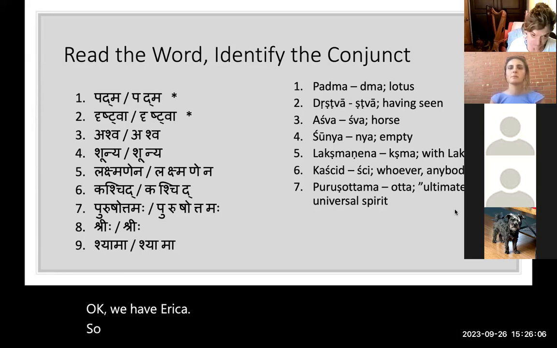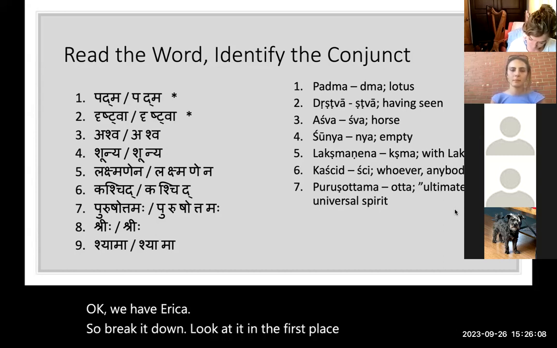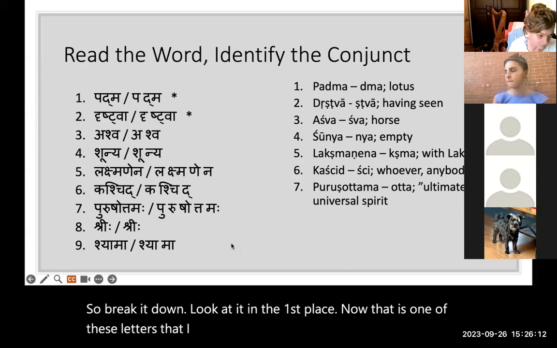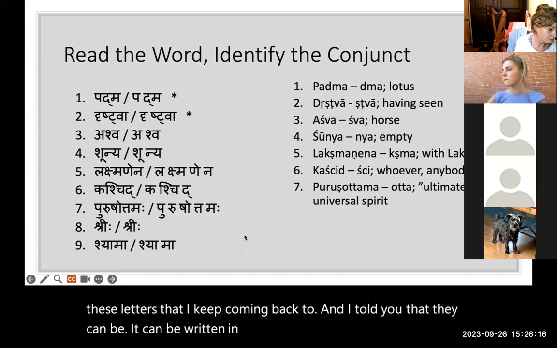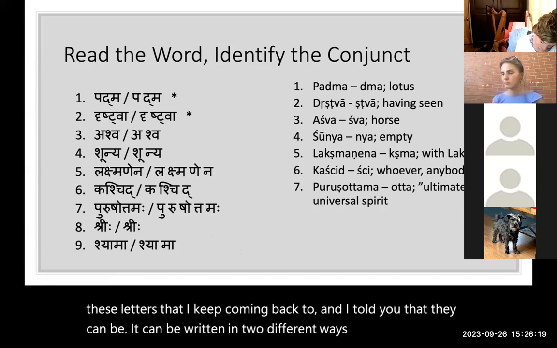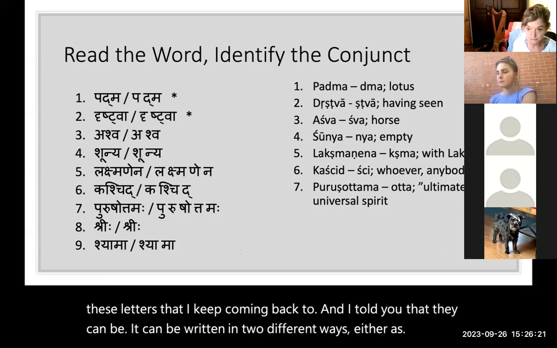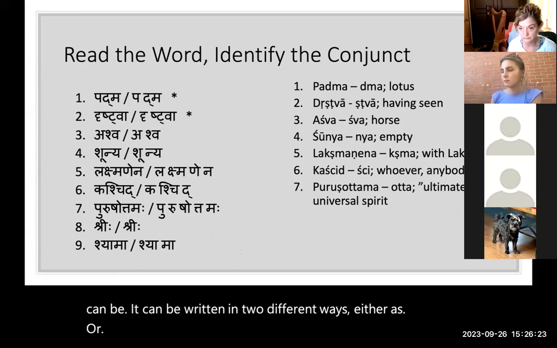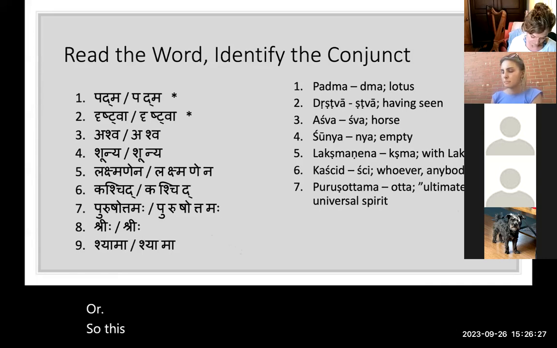So break it down. Look at it in the first place. Now that is one of these letters that I keep coming back to, and I told you that it can be written in two different ways. So this is just like we had in ashwa, but it looks a little different because I wanted y'all to see it.